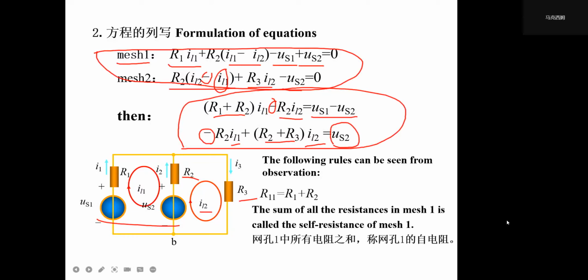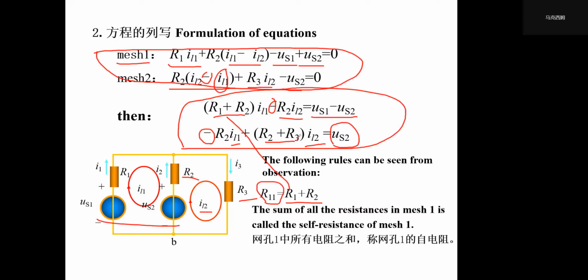And we can call the combination R1 plus R2 equal to R11. R11 is the resistance in the first mesh. The sum of all the resistance in mesh 1 is called the self-resistance of mesh 1. So R11 is the self-resistance of mesh 1.